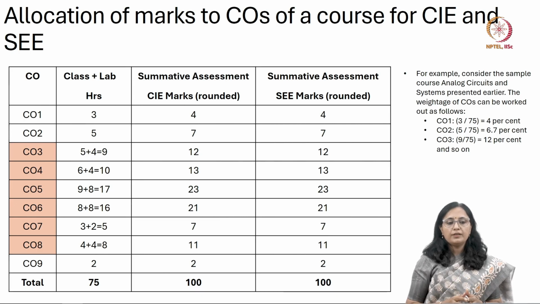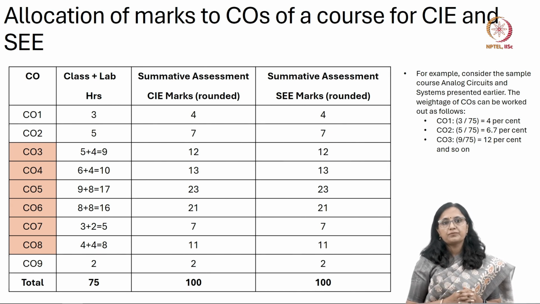So, in all, we can see the total is 75 hours, including class and lab. So, the cells which are colored as orange from CO3 to CO8 are indicating that they have some lab component.